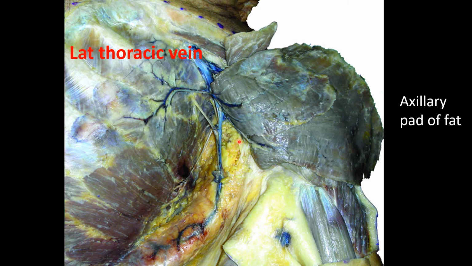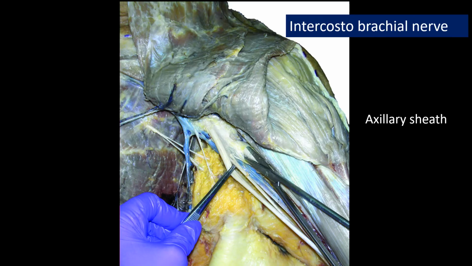In the pectoral region dissection we have seen pectoralis major and minor, and underneath them all these nerves and vessels. Now after separating the skin at the axilla, immediately we can identify this yellow colored structure, which is called the axillary pad of fat, and sometimes you may identify lymph nodes also.